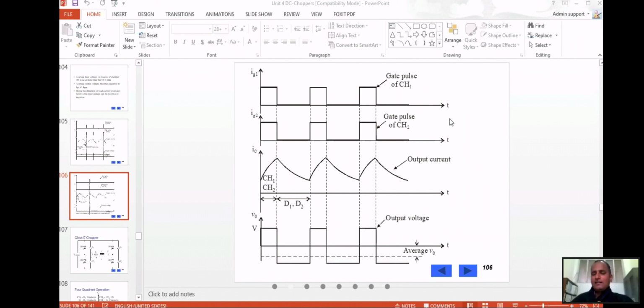Okay, I understand your problem. In any electronic circuit, there will be a generation of harmonics. This generation of harmonics means it's an unwanted signal, right?